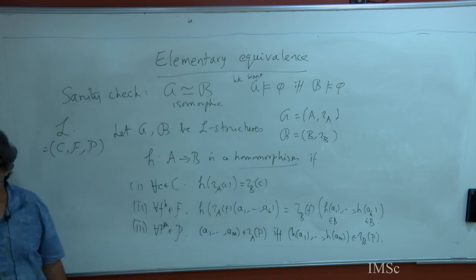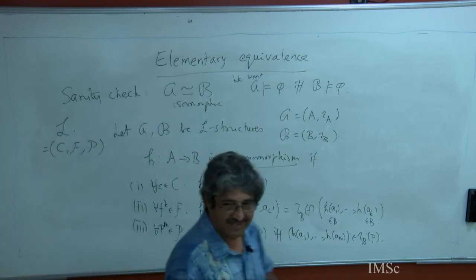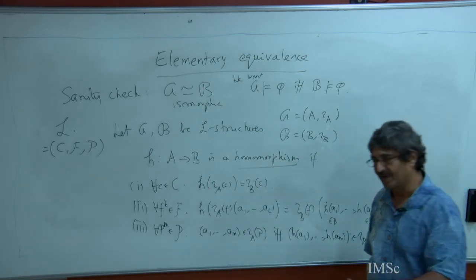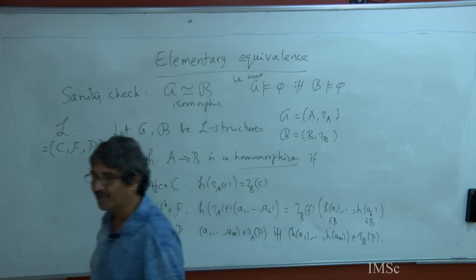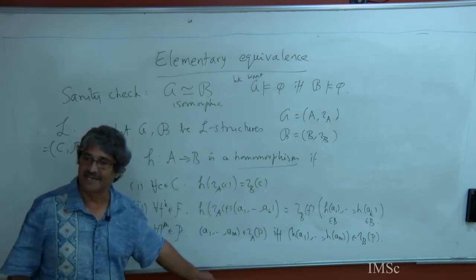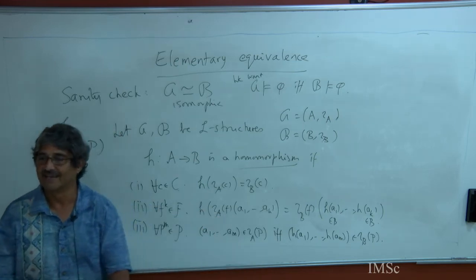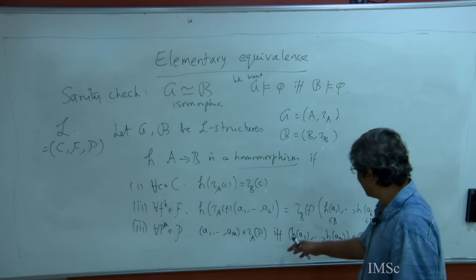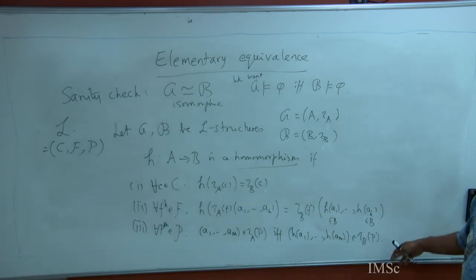And this is again exactly what you would expect. Preserving relations means that an m-tuple belongs to the interpretation here if and only if I take the pointwise image, form the m-tuple, and that gives me a relation on the right hand side.